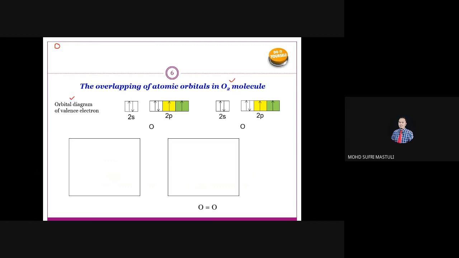The total electron count of oxygen from the periodic table is 8. So the electronic configuration is 1s2, and then 2s2, and then 2p4.